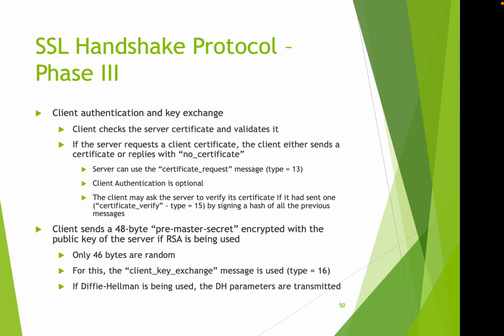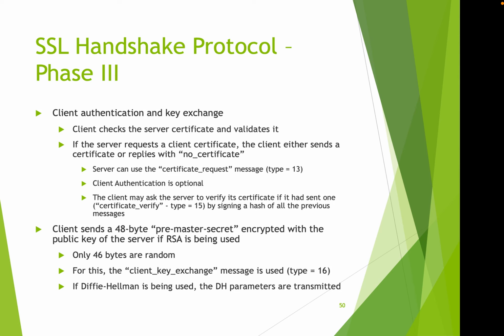The client sends the pre-master secret encrypted with the public key of the server, so then they will have the shared key. If RSA is used, then basically the client chooses a master secret and encrypts that secret with the server's public key.